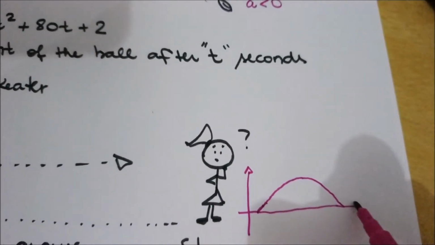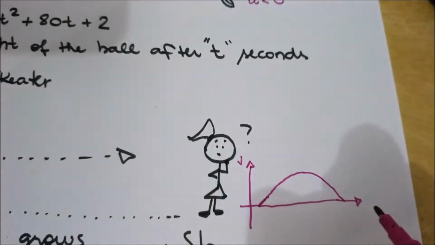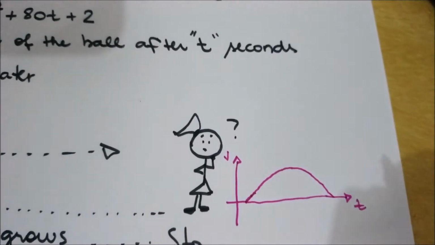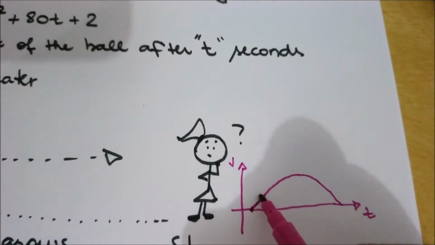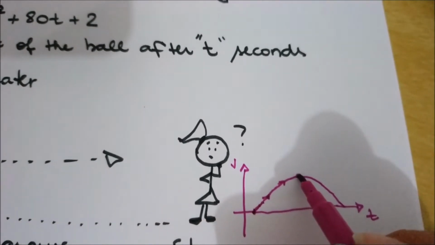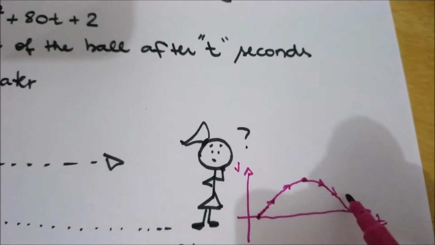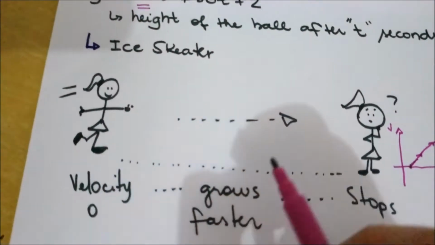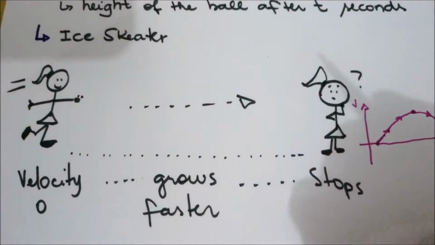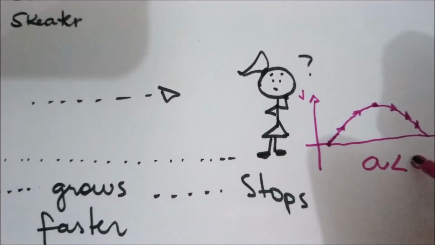So the speed, the velocity, and here the time. Okay, the velocity is 0 at some specific point, it grows to a maximum point, and then it starts decreasing again. All right, so this equation would also have a negative a.